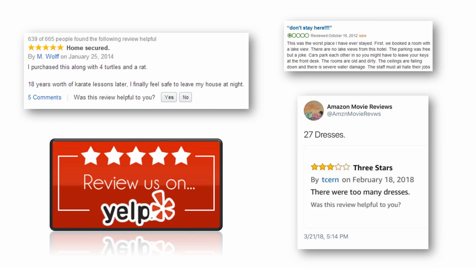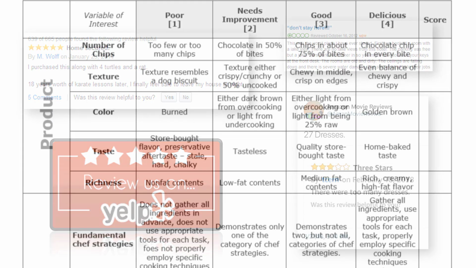Those would be holistic rubrics, where you are communicating an overall judgment about a complex thing, like a movie or a product on Amazon or a hotel room or a meal, and you boil the entire experience down to an overall rating. So that is an example of a holistic rubric.